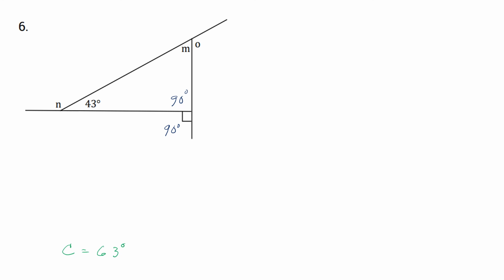Okay. Here's a good use of that. The exterior angle, angle O, is going to equal the sum of the remote interiors. So you can add them up, 43 and 90.